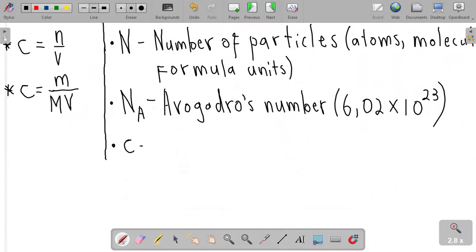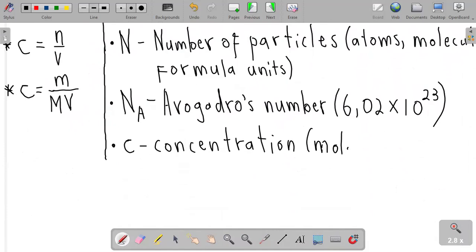The C, small letter, stands for concentration. The unit of measurement is mole per cubic decimeter. So it's mole per decimeter cubed. This is the unit of measurement here.